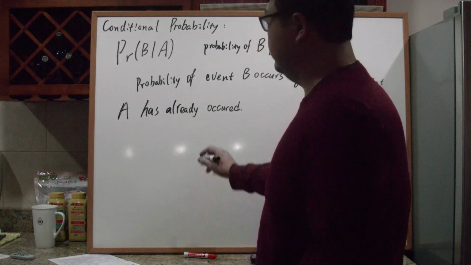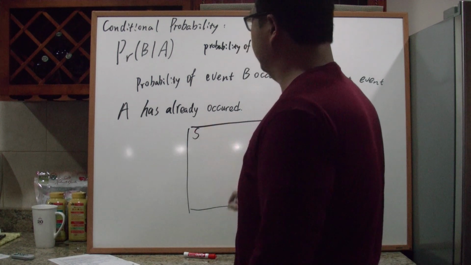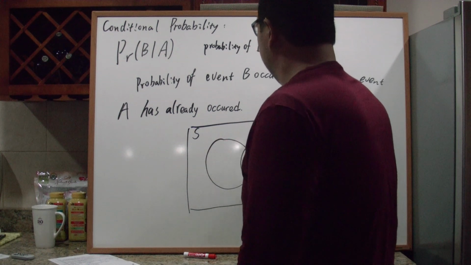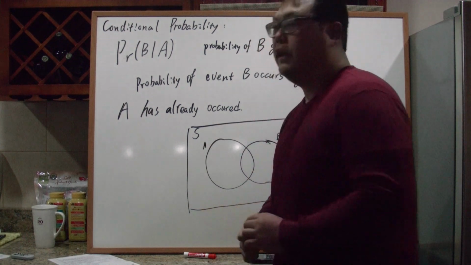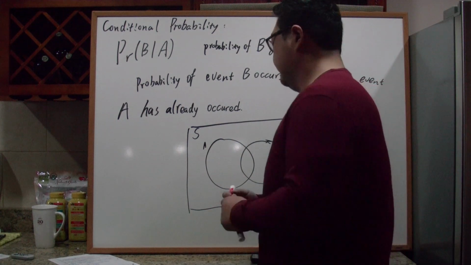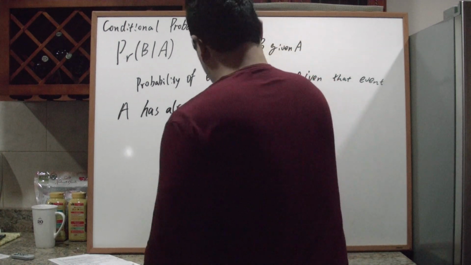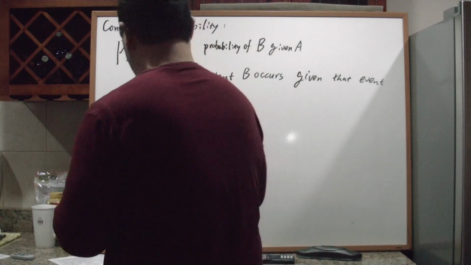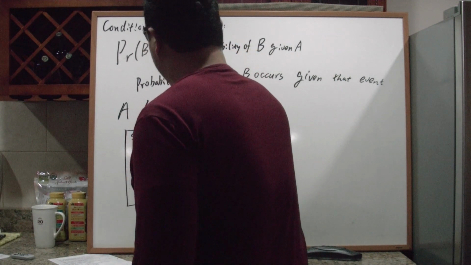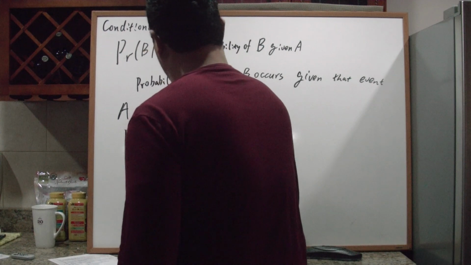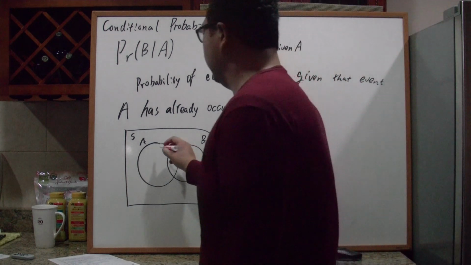Right, so go back to the Venn diagram. The sample space was S, and we have two events, A and B. Now the condition: we know that the event A will happen for sure, because that's the condition.